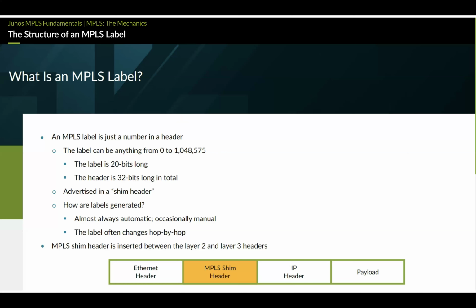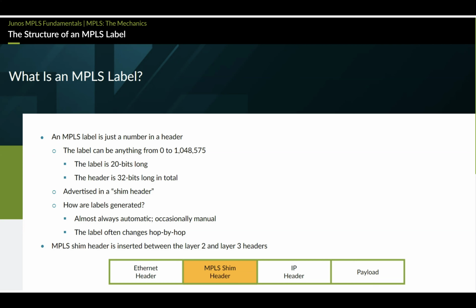And the IP header is 32 bits long. The header is 32 bits, but the label is 20 bits. The MPLS header is the MPLS shim header. On the left side is the Ethernet header, layer 2, and on the right side is the IP header, layer 3.